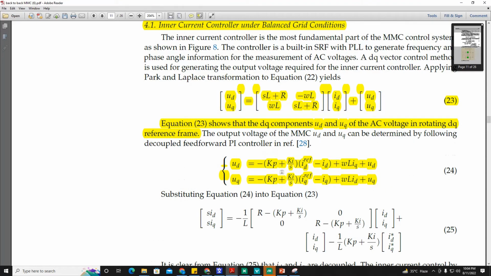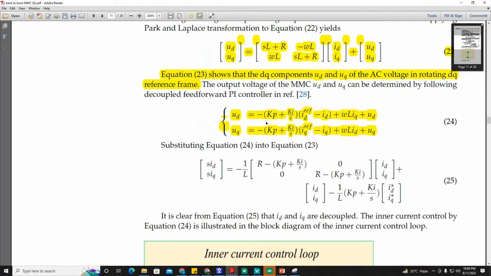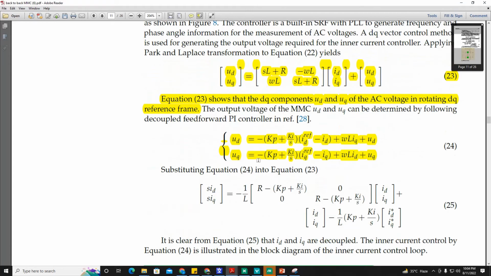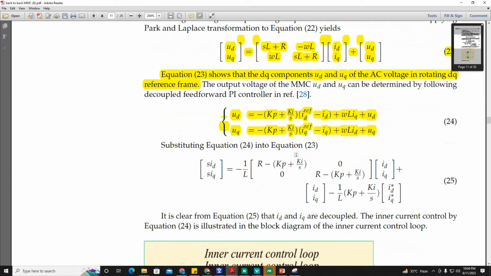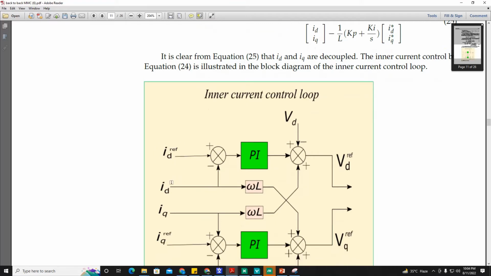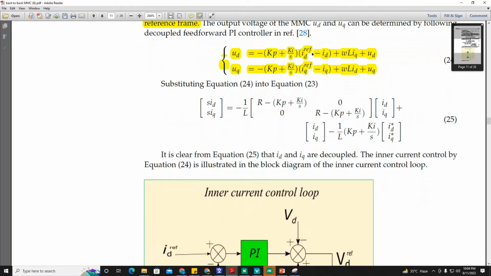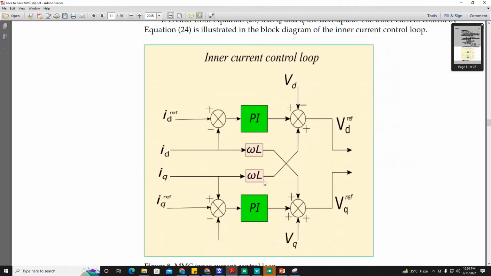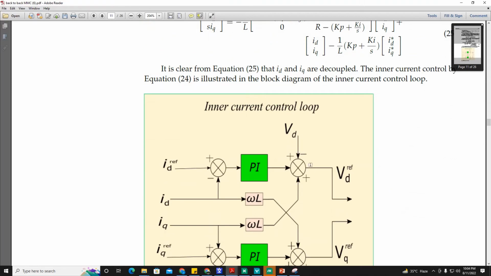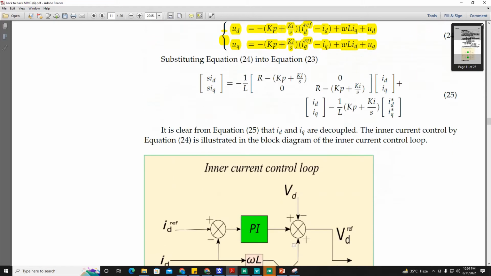There will be a PI controller. This is representing the PI controller here. PI controller on ID ref minus ID. So ID ref will be coming from the outer loop control, either from active power control or DC voltage controller. And this is the measured current ID component. So ID ref minus ID goes through this PI controller. So this will be this expression plus omega L IQ, this component, plus UD.